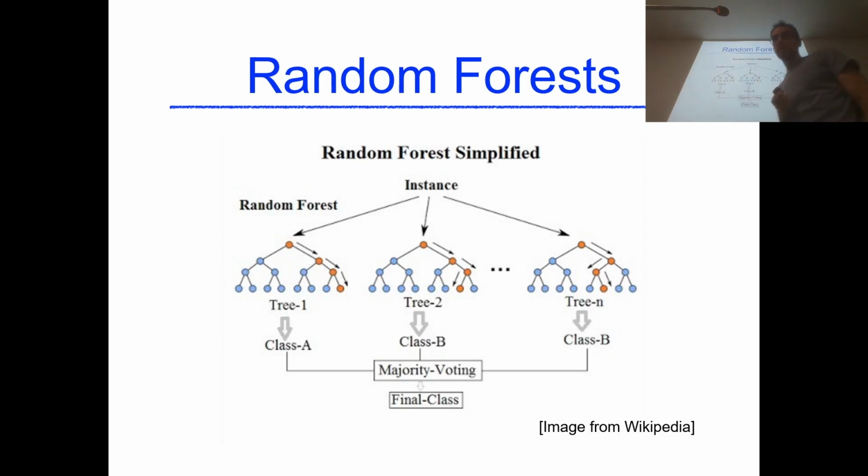So this is a simple example. I have my dataset. I train 3 different trees. I can train them with the very same method. I don't care. I can simply change the data distribution, so the training subset of data that I'm using for each tree. And then to decide which prediction to output, I can simply adopt majority voting, okay?